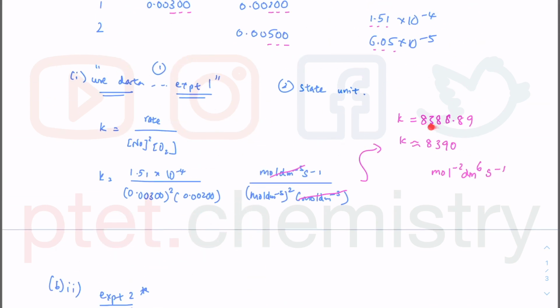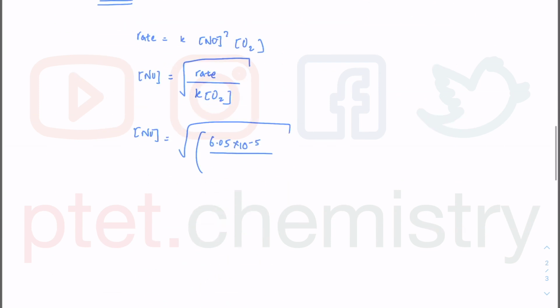I want to try and use the more exact value, which was 8388.89, and then the concentration of O2 from that experiment 2 was 0.00500. Okay, don't forget that you do want to do everything in that bracket first before you actually do the square root.